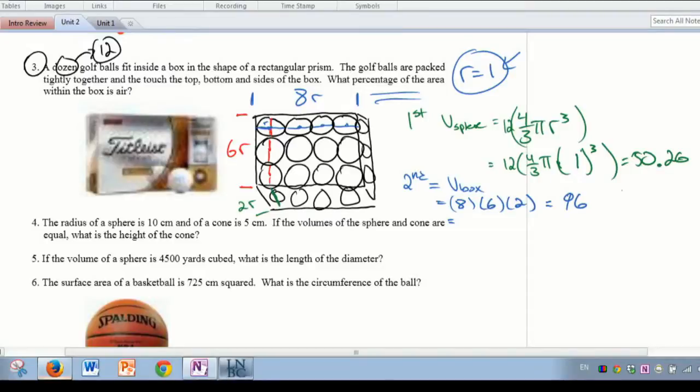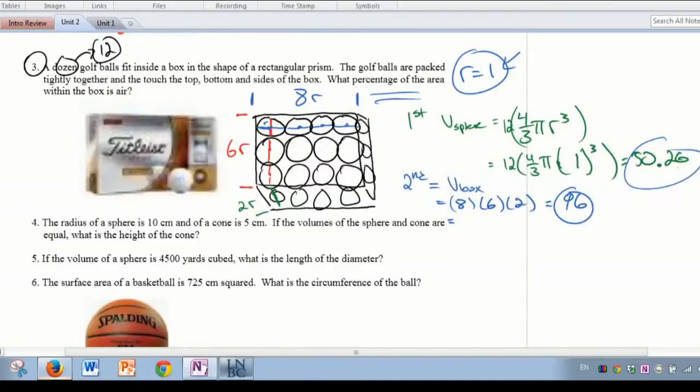So it asks what percentage of the area within the box is air. This is kind of where this question gets tricky. Assuming you got this far, it's asking what percentage is air. So this is the volume of the box, the whole thing. If I filled it all up with sand, it would be 96 grains of sand to fill it up. The spheres only take up this 50.26.